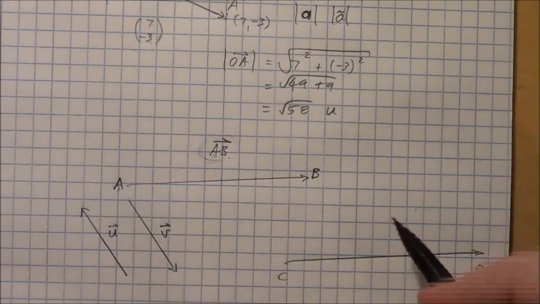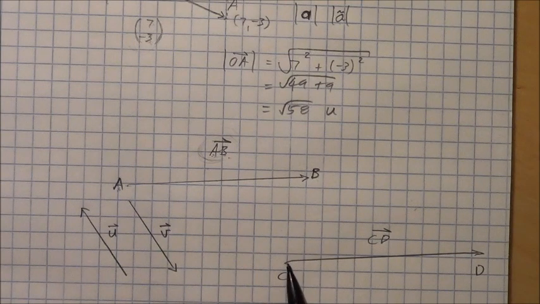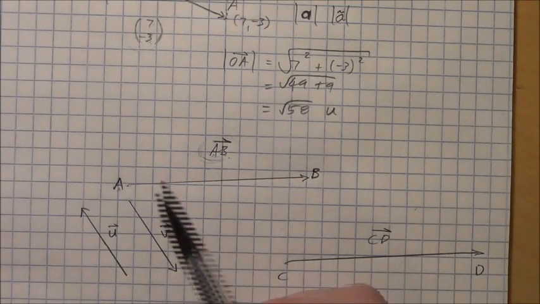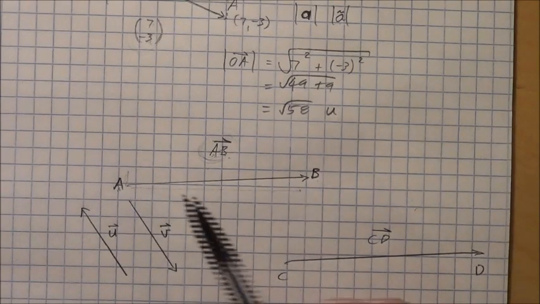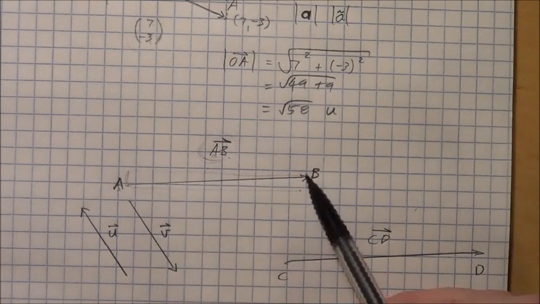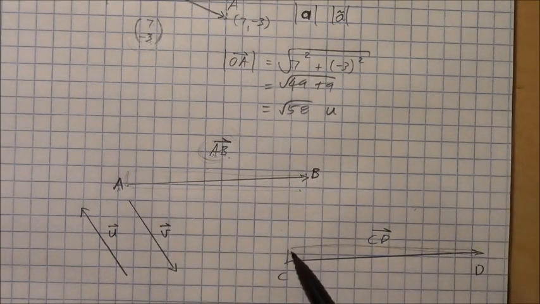So these vectors, AB and CD, are heading in the same direction. They have the same gradient. Okay, so they've got the same y step and the same x step, or the same change in y over the change in x as each other. So they have the same gradient.